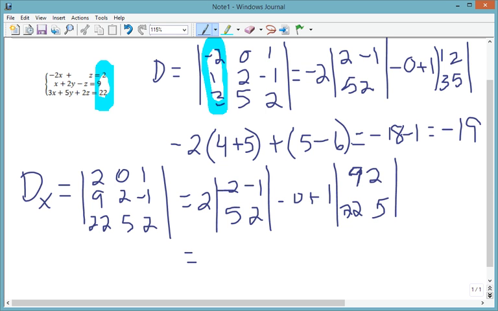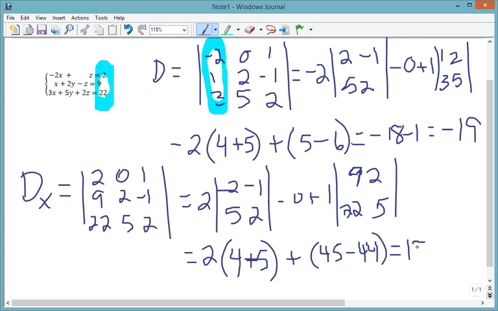Okay, so that will be 2 times, that was a positive 2, 4 minus negative 5, and plus, in this one, we've got 9 times 5, which is 45, minus 44, 2 times 22. Alright, so 9 times 2 is 18, and plus 1 equals 19.